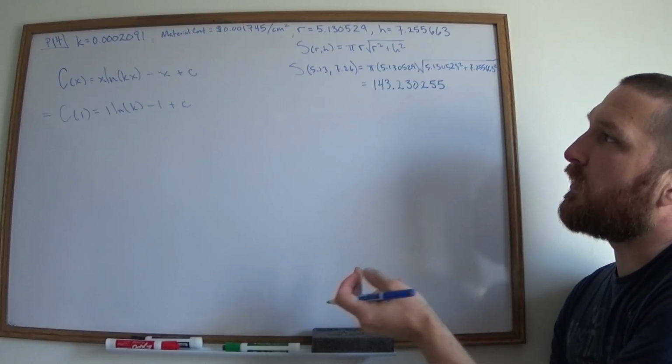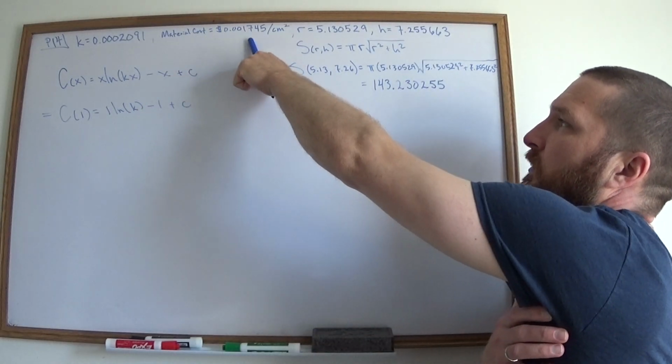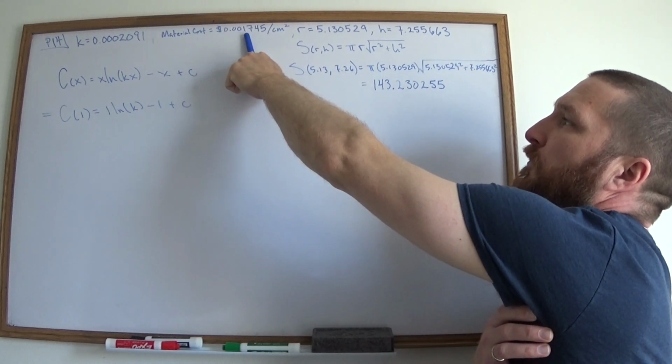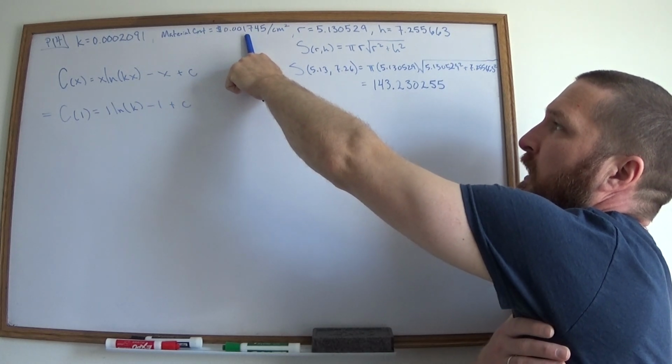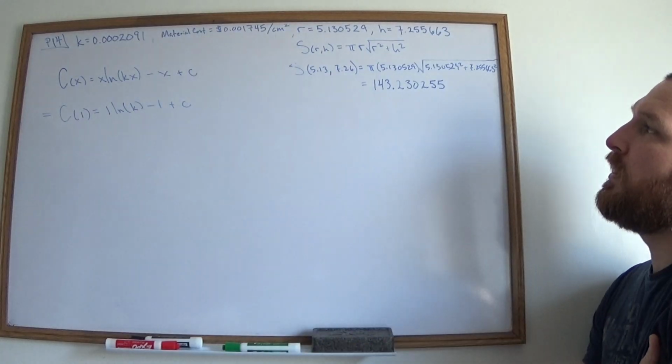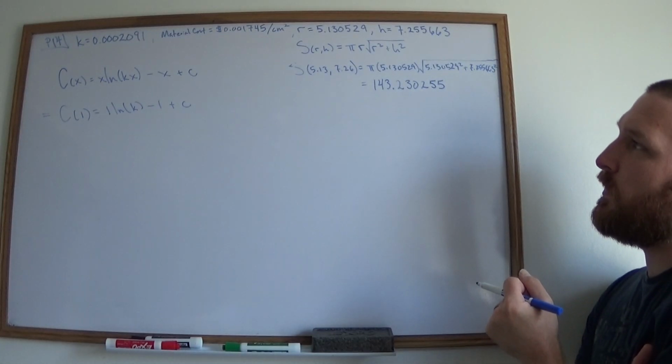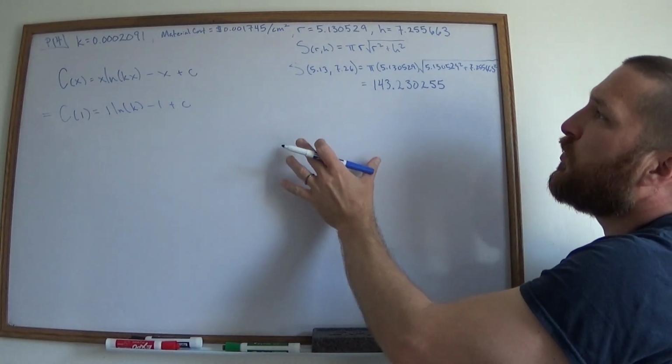So what is the cost of one cone? Well, right here we have the material cost. That's how many dollars? A fraction of a penny, so a tenth of a penny, per square centimeter of material. And what we want to do is say, well then, how much does one cone cost?